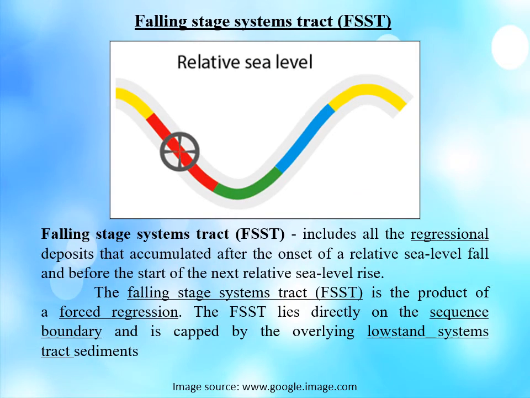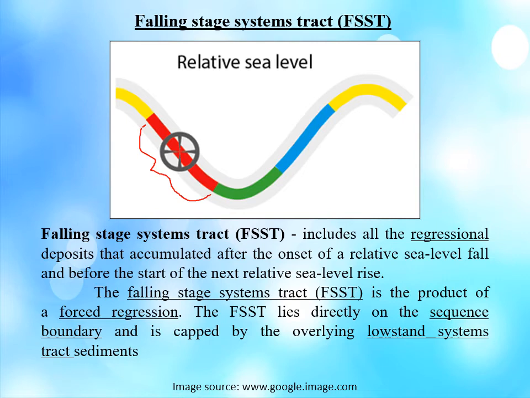Next is the falling stage system tract, that is the regression due to sea level fall. So this is the red portion where sedimentation has very little effect on regression. Here the sea level height is decreasing.